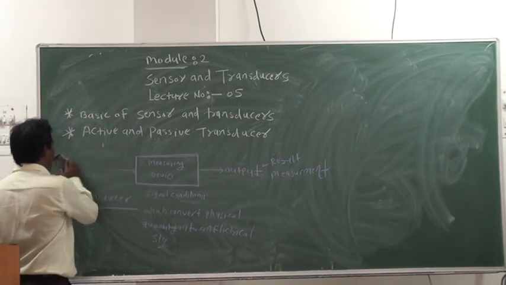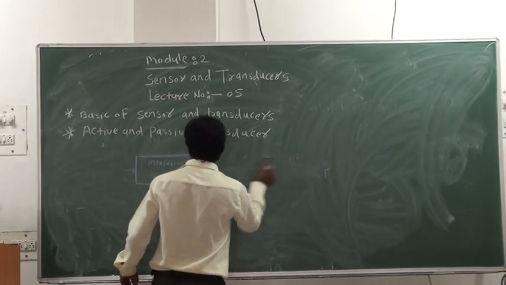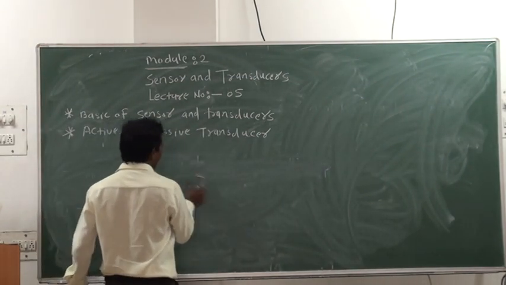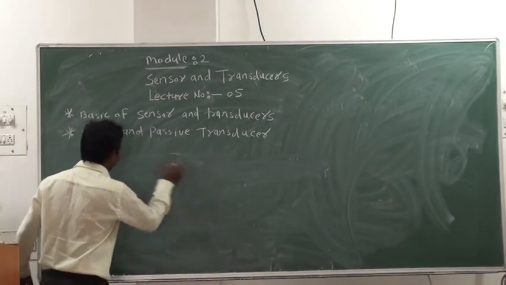So what are the basic elements of a transducer? The best example of a transducer is the mercury thermometer.